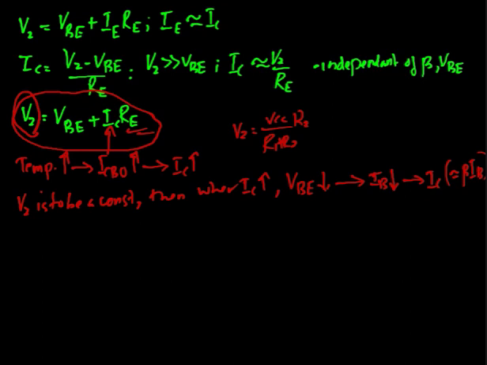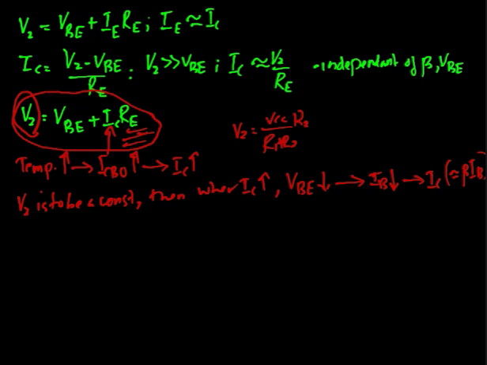So the introduction of this RE tries to restore the collector current to the original value when there is an increase in collector current due to the temperature variation.